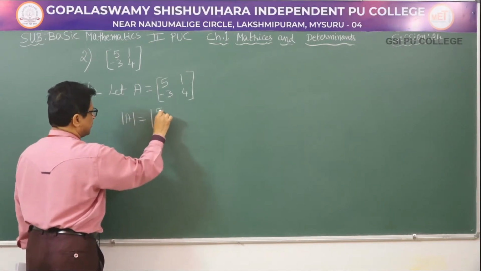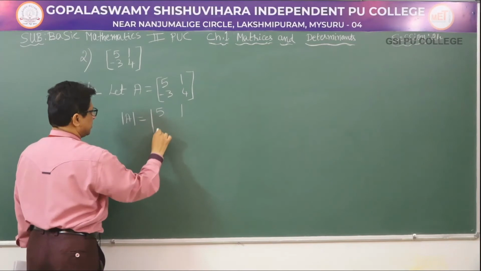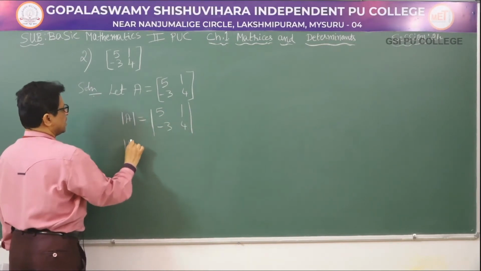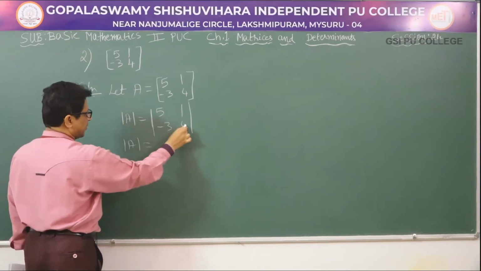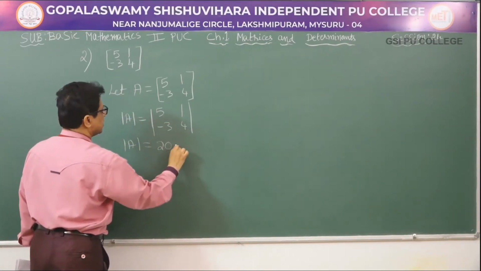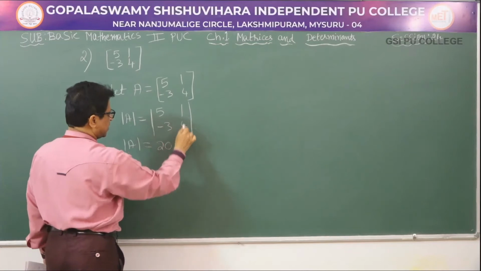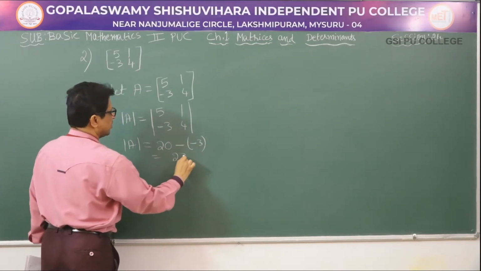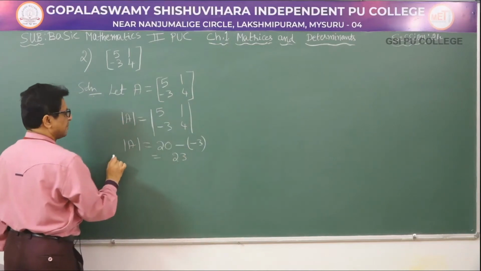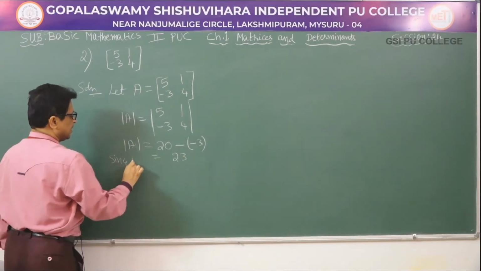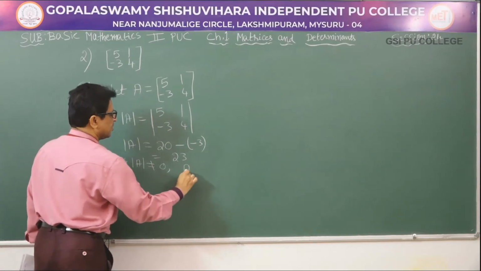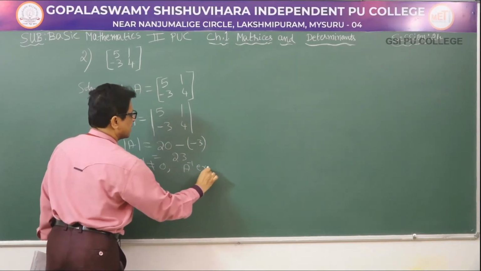So, determinant of A is equal to 5 4s are 20 minus of 3 into 1, minus 3, that will be equal to 23. Since determinant of A is not equal to 0, A inverse exists.